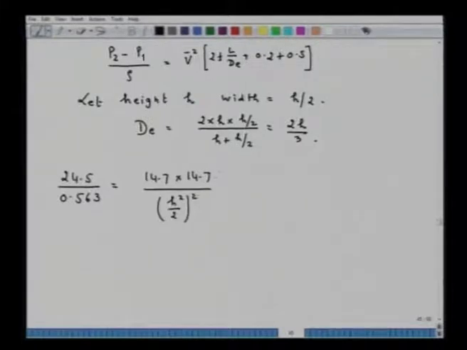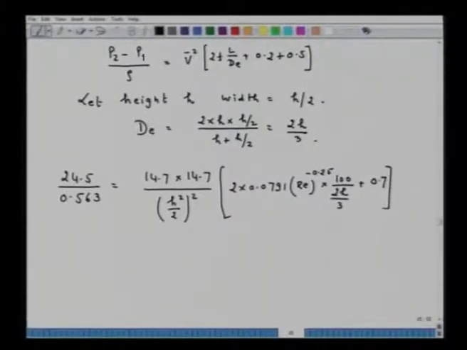squared, 2 into 0.0791 Reynolds number to the power minus 0.25 into 100 upon 2h by 3 plus 0.7.